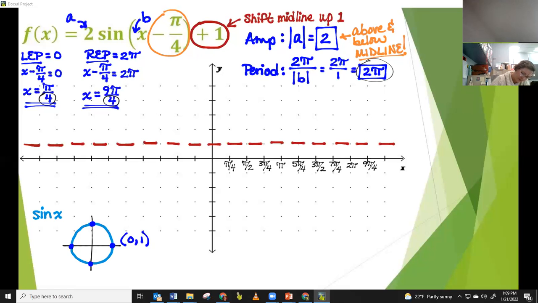Nope, I wrote that ordered pair down wrong. All right, so my parent function for sine normally starts at 0 radians, and my sine value is 0. So if this was the parent, I would plot that first point right there. But my left endpoint has shifted over to pi over 4.